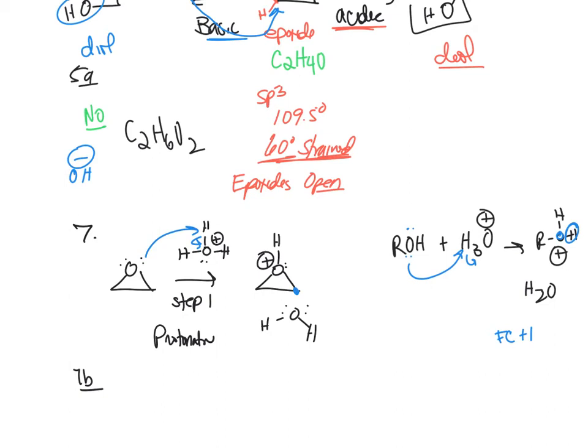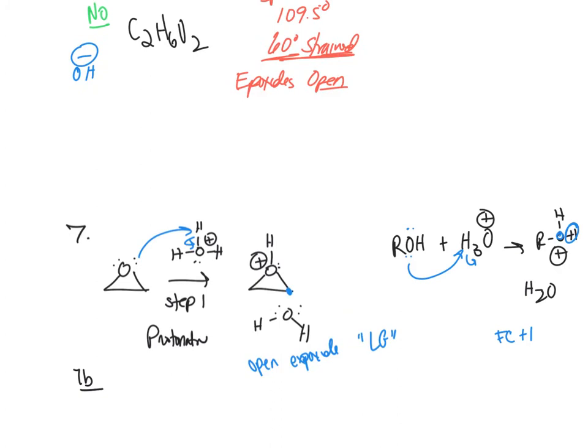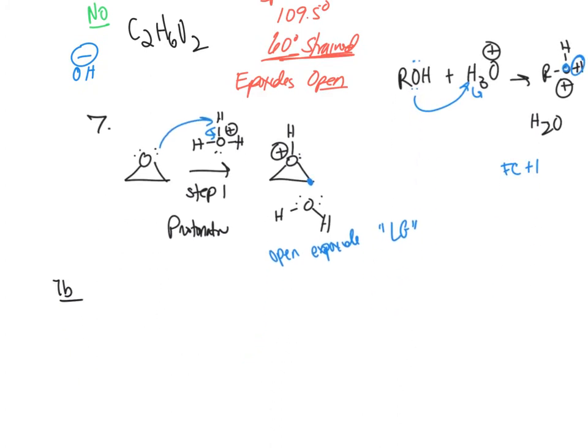What is the purpose of protonation of the epoxide? Well, we're going to open that epoxide. So it's kind of making a leaving group, a better leaving group. So now in the second step, which we'll draw right here, the mechanism, identify the nucleophile and the electrophile.